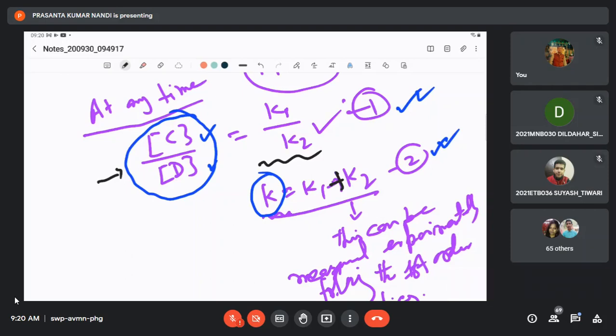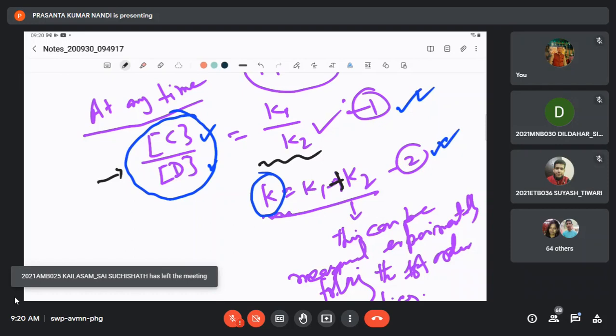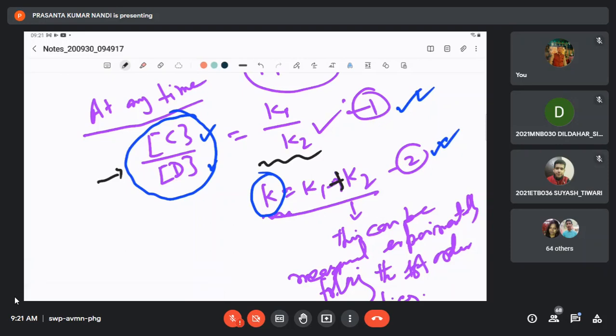So after a long time, when the reaction appears to be completed, it means it reaches the equilibrium state virtually. In that case, we can also measure the concentration of the amount of C and the amount of D left in the reaction mixture, and from that ratio we can actually get the value of the ratio of the constants K1 and K2.